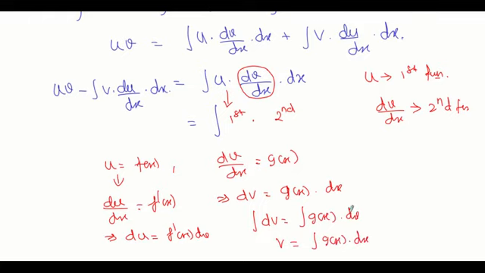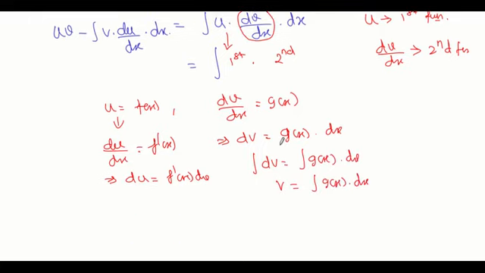Now I'm going to replace over there. See here, it is uv. What is u? u is nothing but f of x, into v. What is v? We got integral of g of x dx, because g of x is the second function we considered, and this f of x we took as the first function.